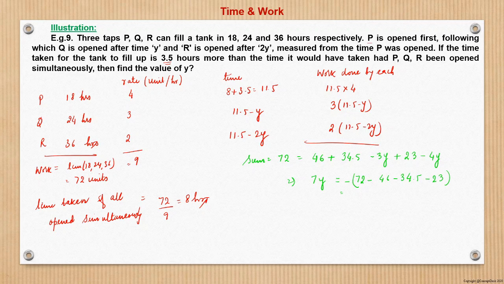Let us calculate. 46 plus 34.5 plus 23 minus 72 is equal to 63 by 2. So 7Y is equal to 63 by 2, so Y is equal to 9 by 2. So Y is equal to 9 by 2 is the answer to this question.